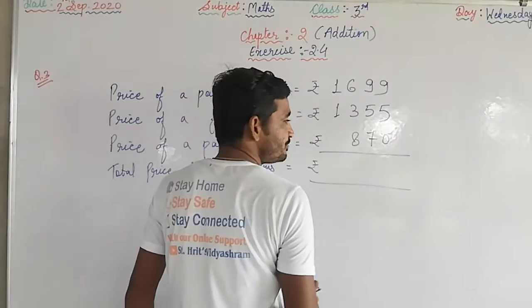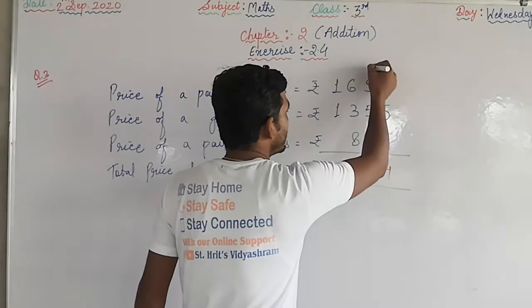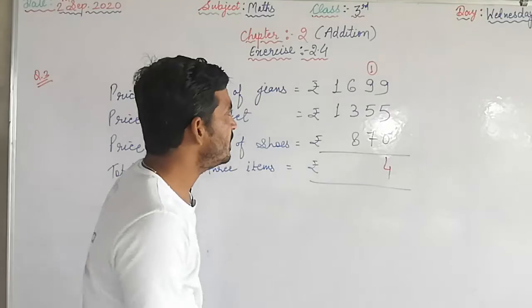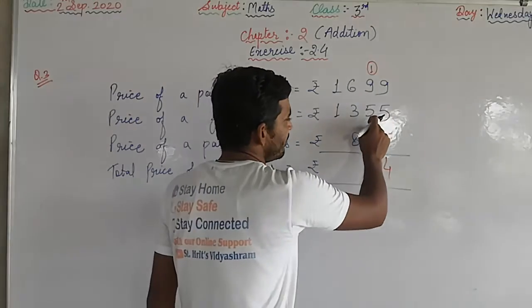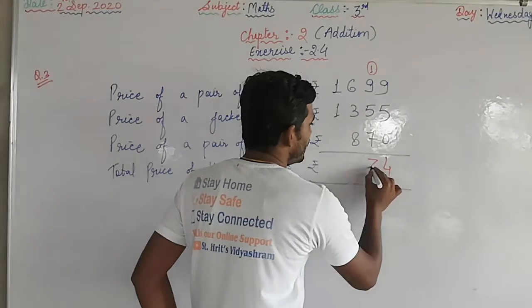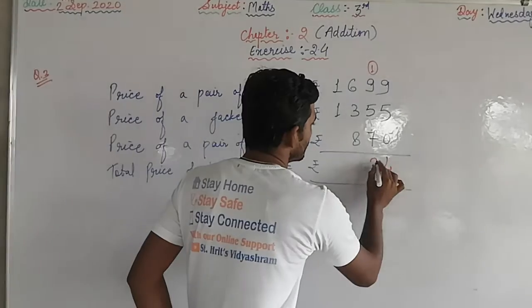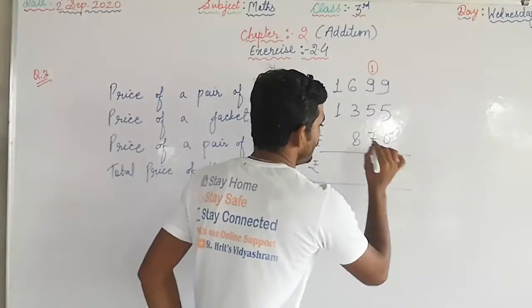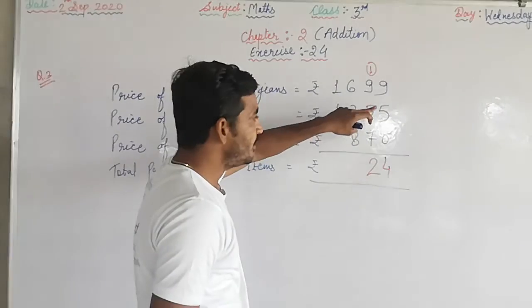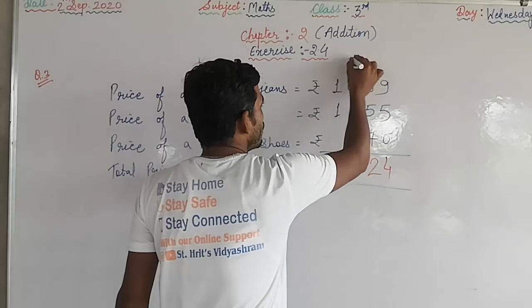9 plus 5 14, 14 plus 0 that is 14, 4 carry 1. 9 plus 1 10, 10 plus 5 15, 15 plus 7 22, 2 carry 2.